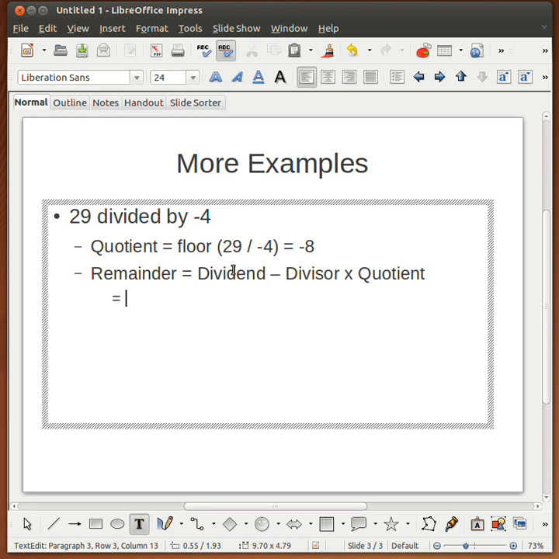This time it will be equal to, the dividend was 29 minus, the divisor was negative 4 times, the quotient was negative 8. Was that right? Yes. Equals 29 minus 32 equals negative 3.